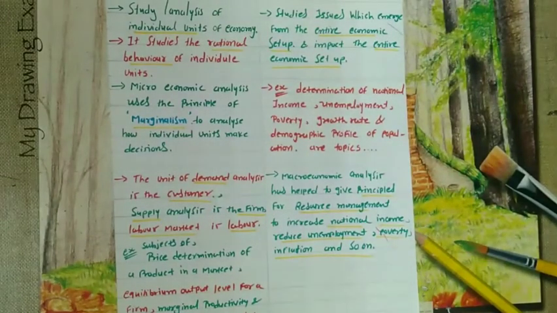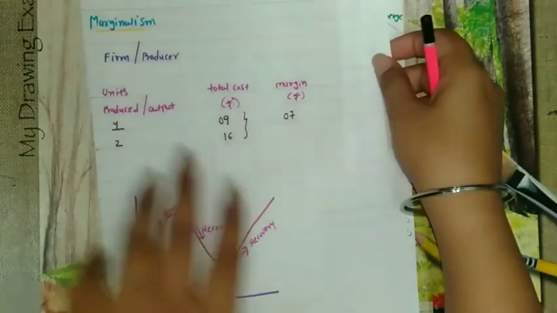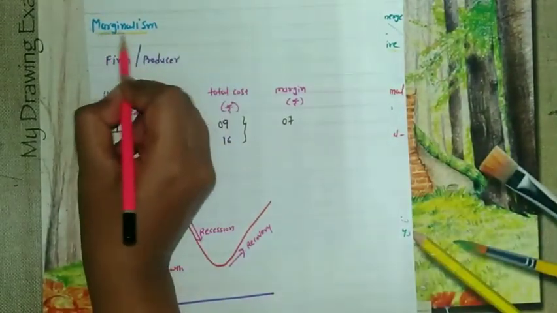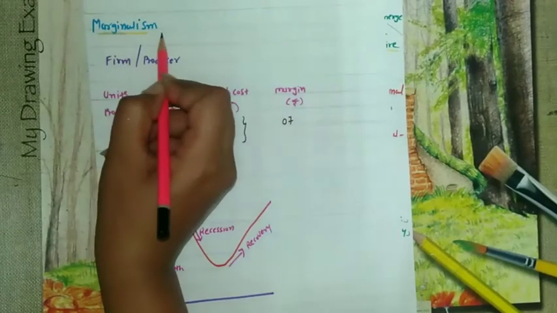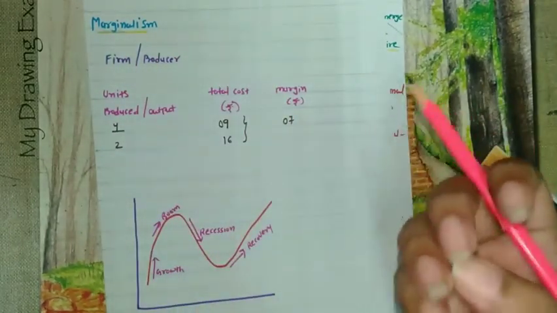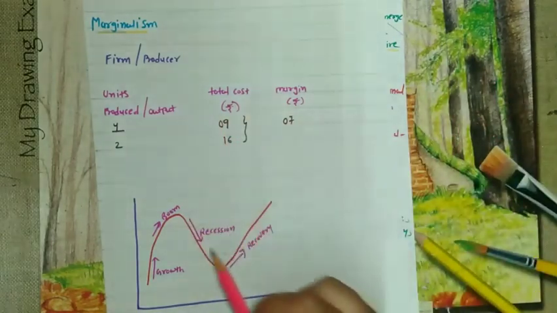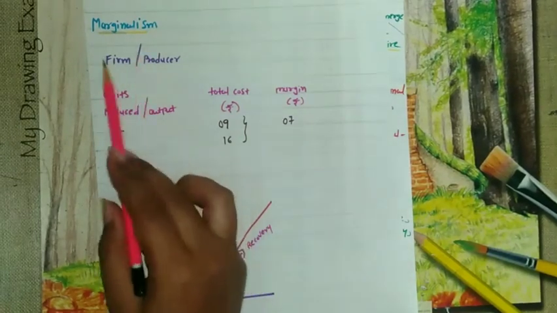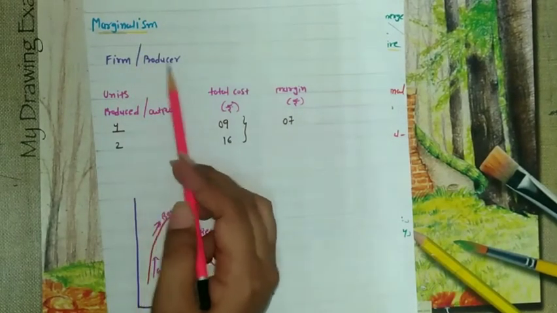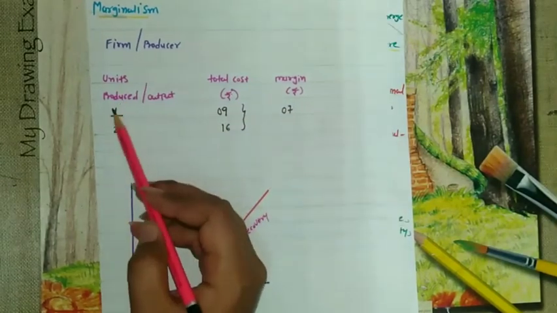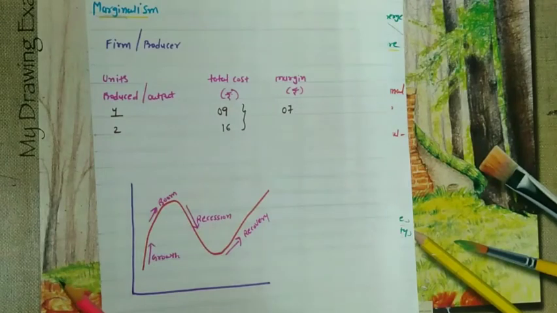First of all, let me give you a proper understanding of marginalism. If we break the word marginalism, first, what does margin mean? For example, we have one firm or producer who is producing something. I gave you one example of candy.